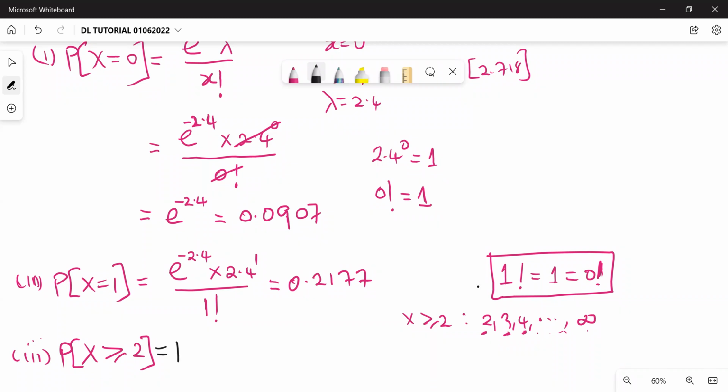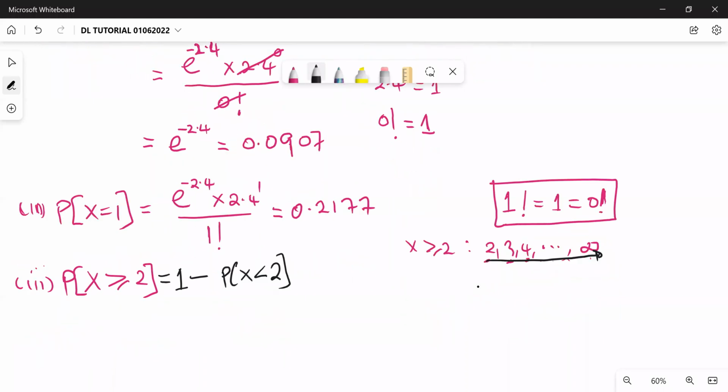So this is 1 minus the probability that x is strictly less than 2. That's how you deal with such cases. For the Poisson, it may not be possible to compute this probability going up like that, so you always reverse, but you take away from 1.